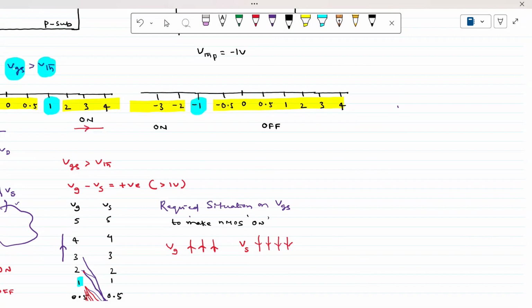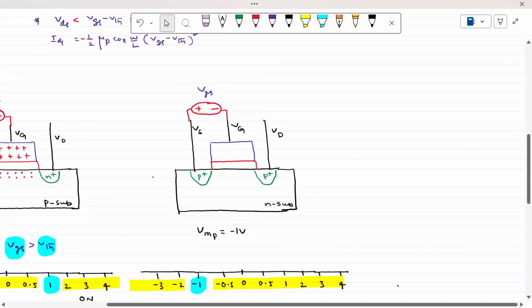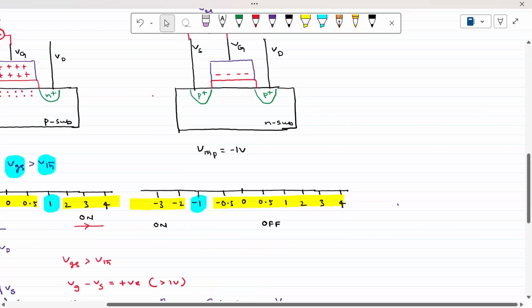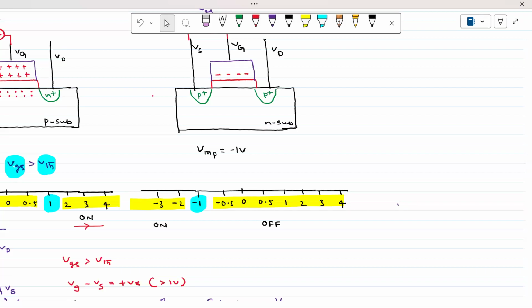Look at this particular board. For example, if I apply some negative potential here, what will happen? You're applying the negative potential at the gate. Negative means negative charge. What can we observe? Charge will be induced, right? If you apply more negative, which direction are we going?